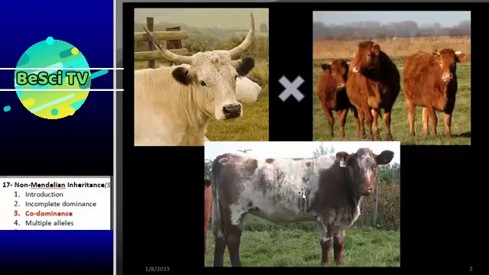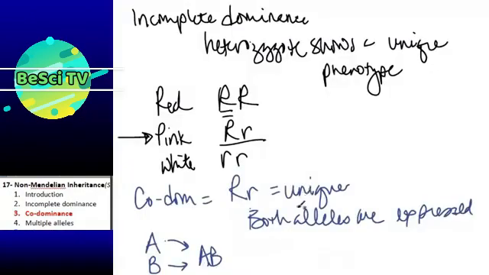And that is an example of codominance. Now, my blood type example is also an example of the next one. So let's stick with the blood type example. It is codominant, but it also has multiple alleles. And let's look closer at the genetic situation with blood typing.